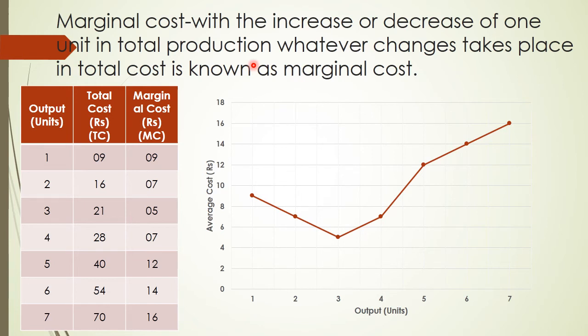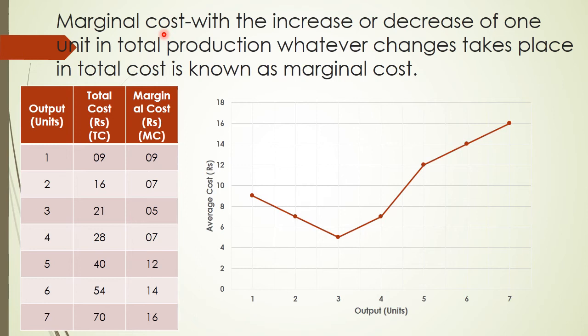In simple terms, by adding 1 more unit of production, whatever change takes place, either increase or decrease, in the total cost, that is your marginal cost, right? And the marginal cost formula is TCn minus TCn-1, where n is the number of units, giving the marginal cost of n units of output.